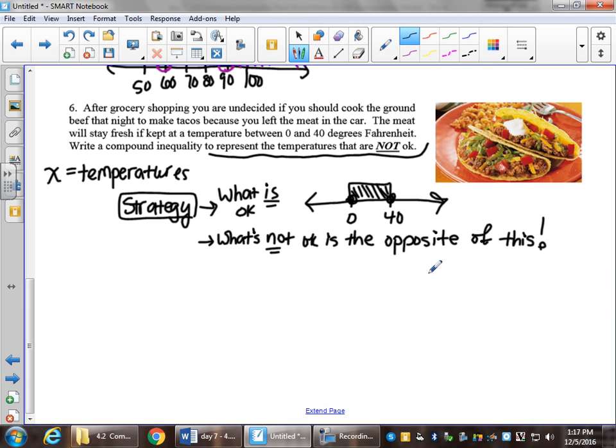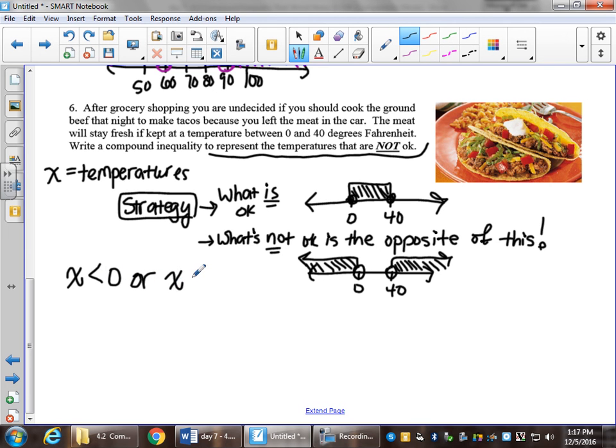So just visually, what would the opposite of that be? Let's get 0 and 40 back on the number line. So my answer will be if the temperature is less than 0 or greater than 40, the meat is not okay to eat.